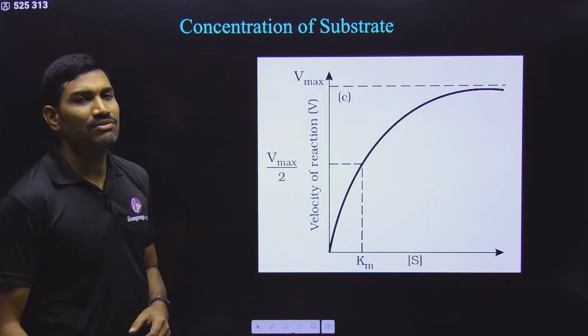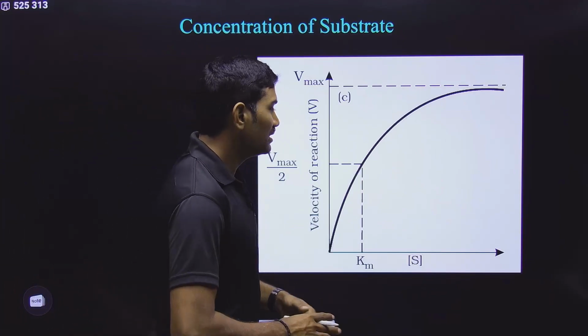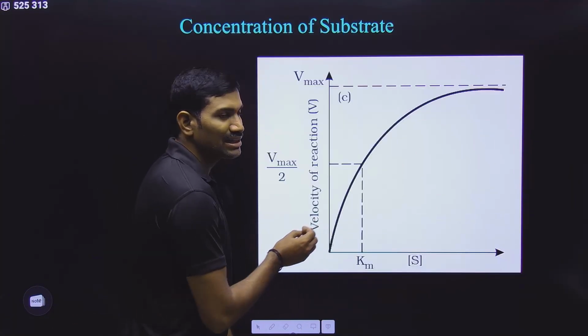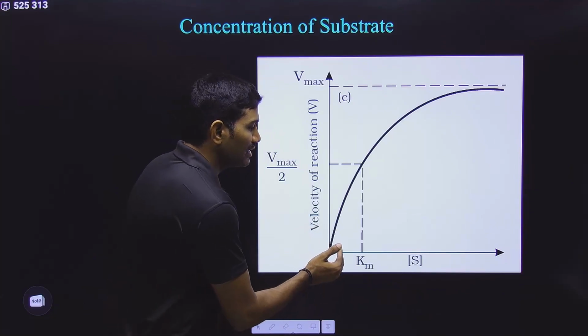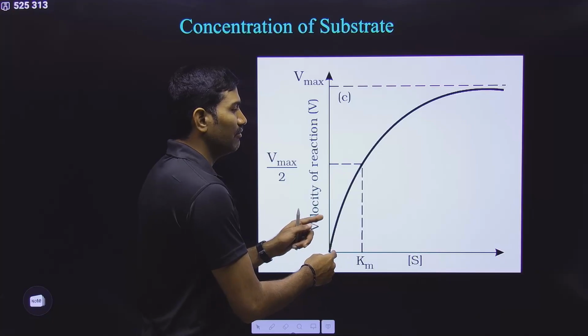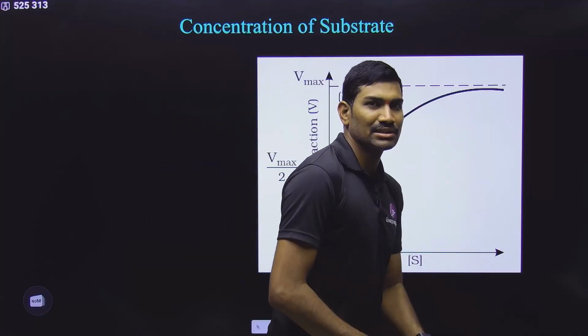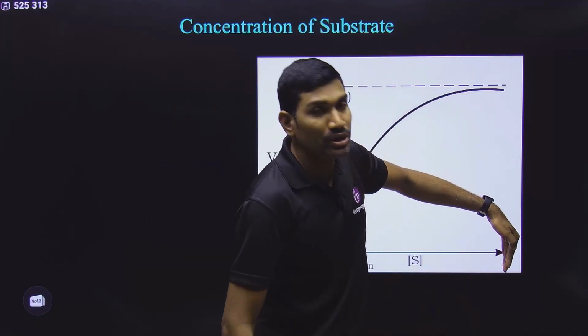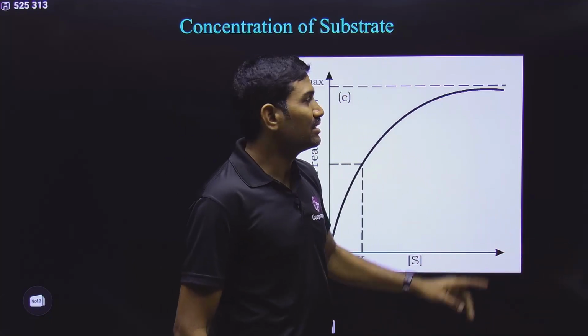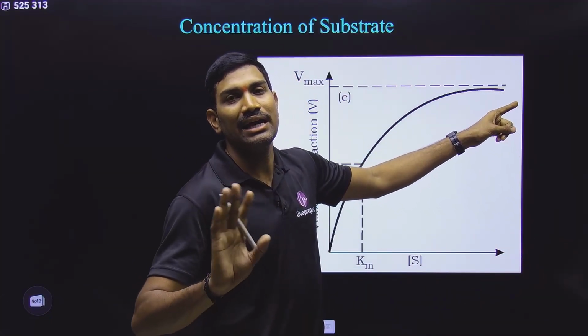Next one, concentration of the substrate and enzyme activity. Generally, if we start with a very low concentration, then with an increase in substrate concentration, enzyme activity also increases. To some extent it keeps going like this. But once saturation happens, a further increase in substrate concentration will not cause a further increase in activity.